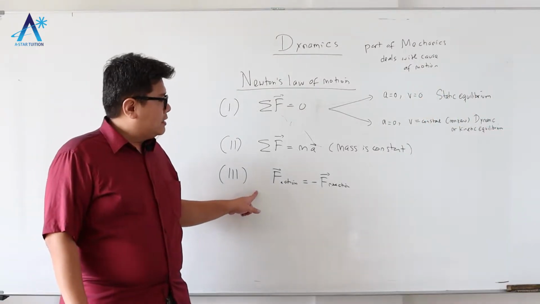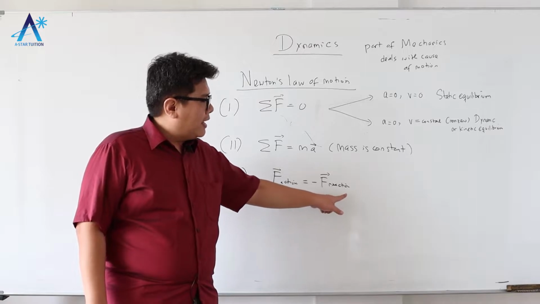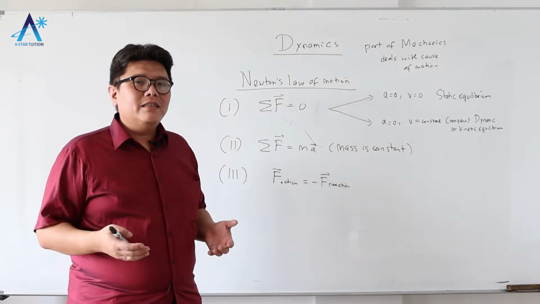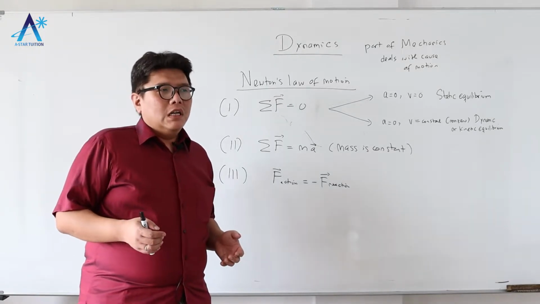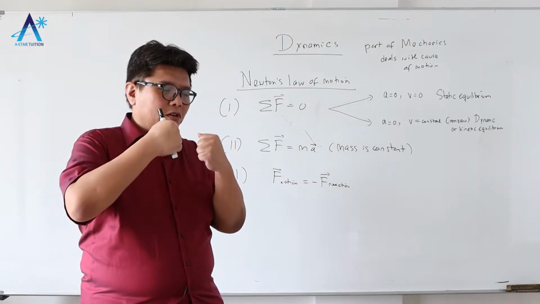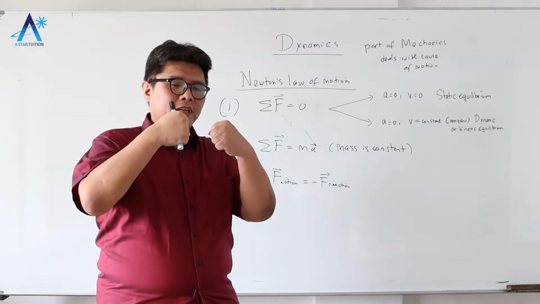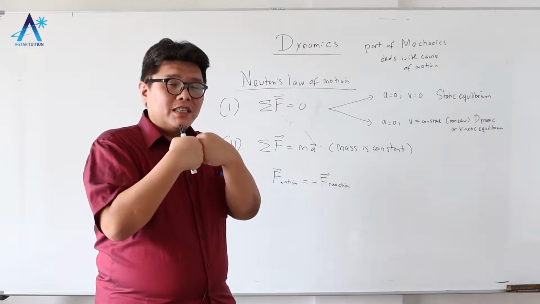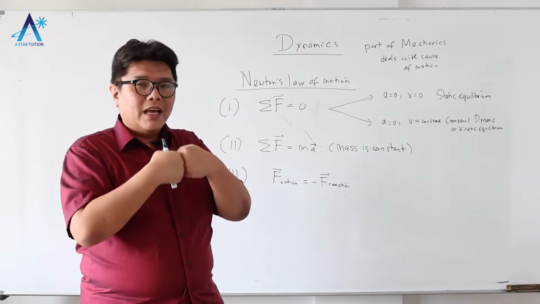For the third one, it says F action equals minus F reaction, which we can say as for every action there's always an equal and opposite reaction. For instance, if object A exerts a force on object B, the reaction is that B will also exert the same amount of force on A, but in the opposite direction.